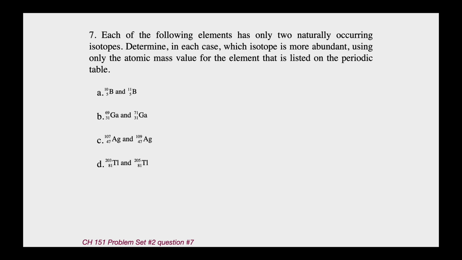It'll always have the 5, all right, but it should also have 10.811. Well, if you take 10.811, which is on my periodic table, and you round it up to 2 sig figs, it's going to be closer to 11 than it is 10. So I would predict that boron 11 is closer or more abundant in mass than boron 10.